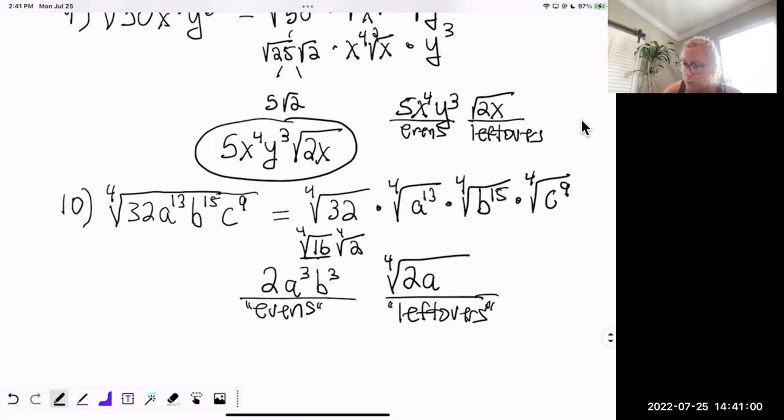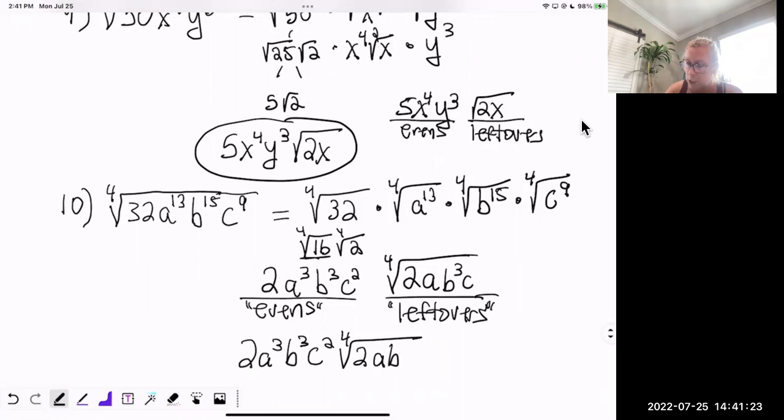How many left over? 3. Because b to the third would be 12, 13, 14, 15, 3 left over. How many 4s are in 9? That would be 2 with 1 left over. So that's my answer: a to the third, b to the third, c squared, the fourth root of 2a, b to the cube, c.